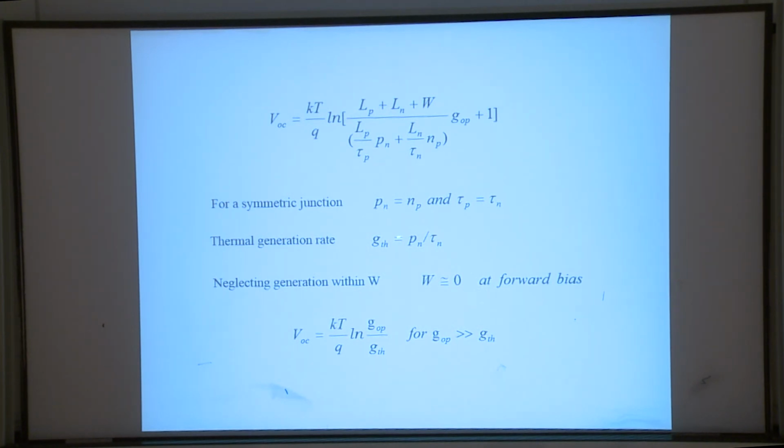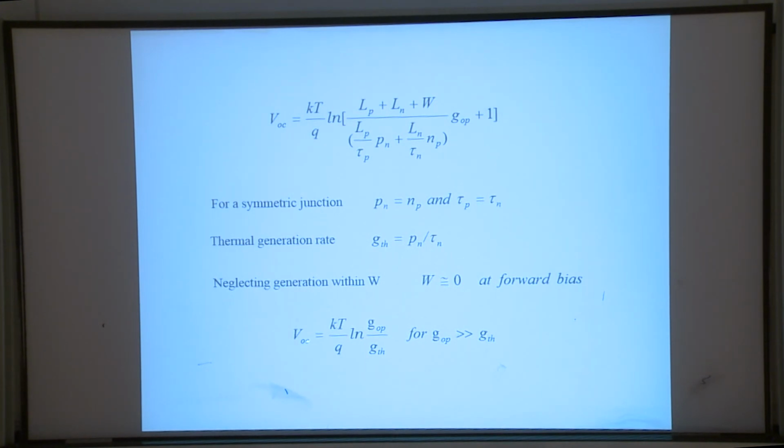So by this approximation, we'll be able to get VOC equals kT over q ln G_op over G thermal. G thermal is the generation rate for I thermal, I0.